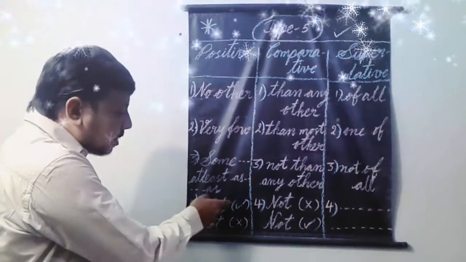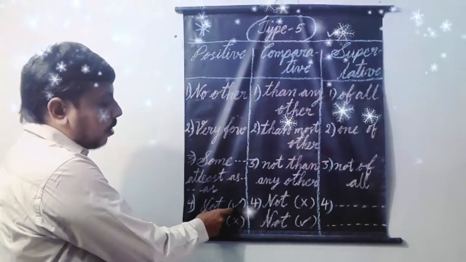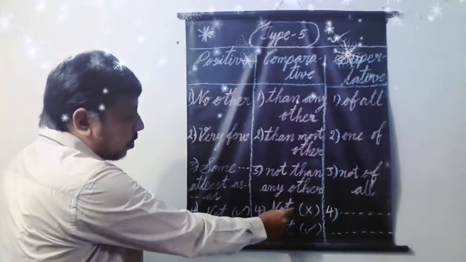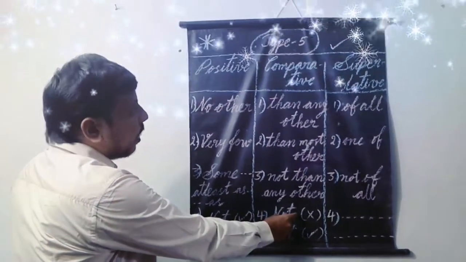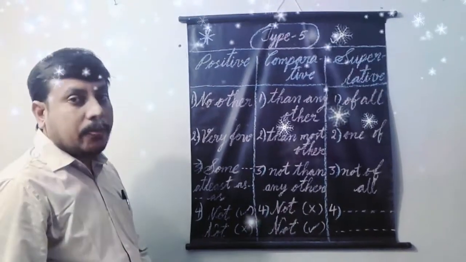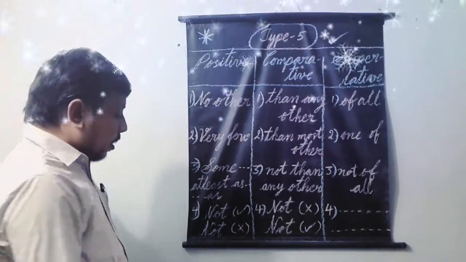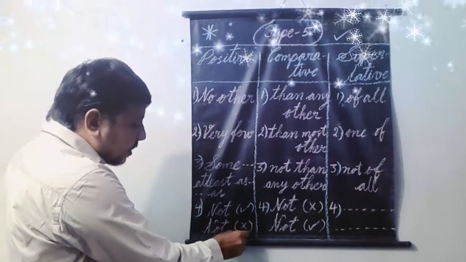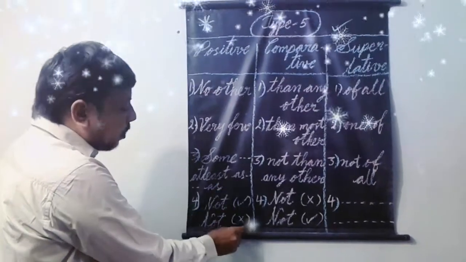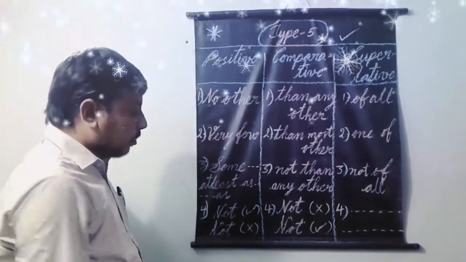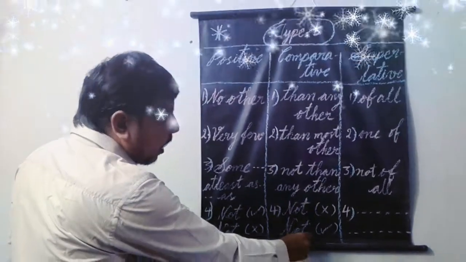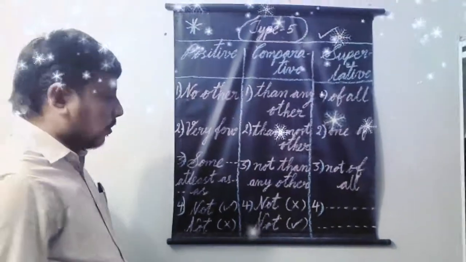If not comes in the positive degree, not should not be used in the comparative degree regarding type 4. If not does not come in the positive degree regarding type 4, not should be used in the comparative degree.